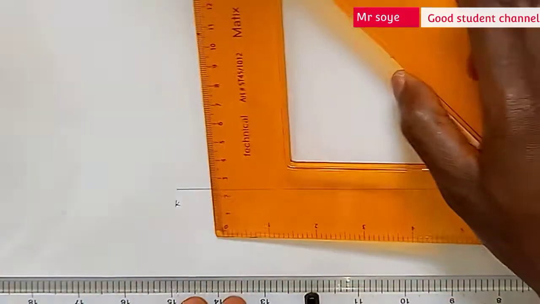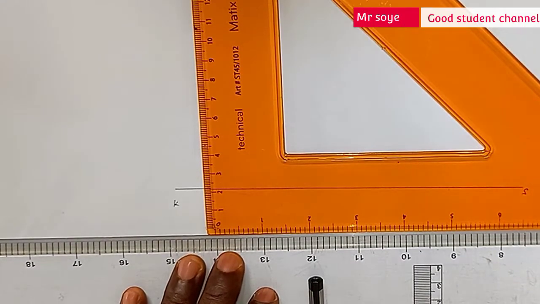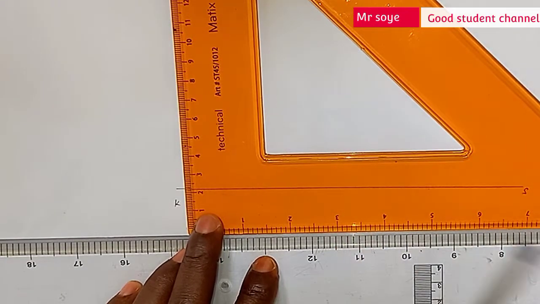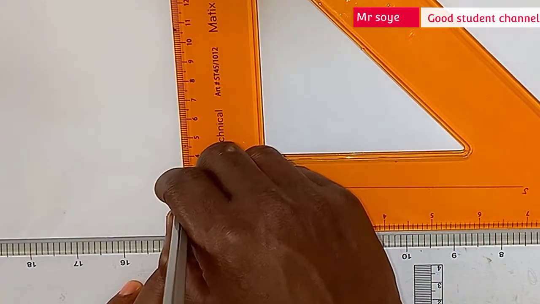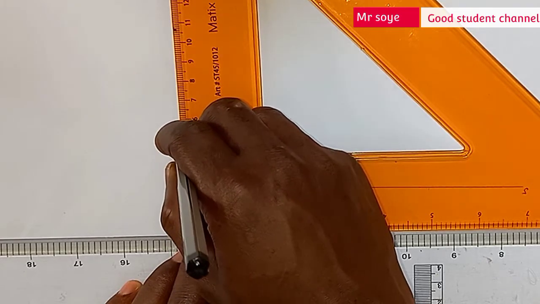All right, now we draw the rolling cycle on the line KS. First of all, let's produce a diameter.